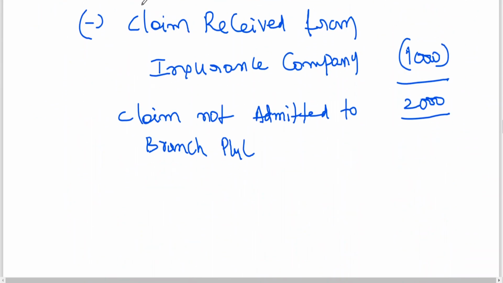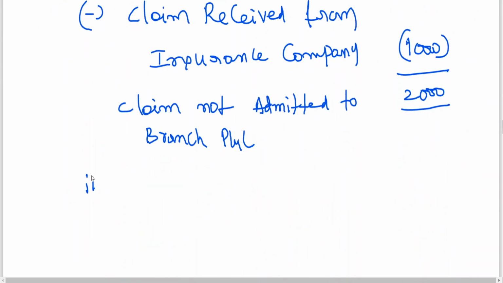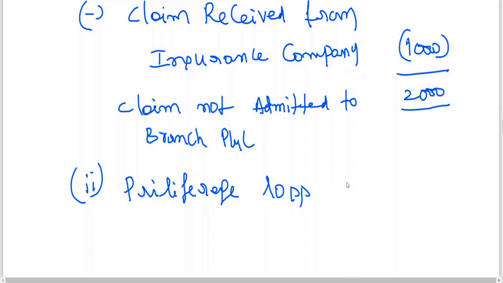Next, pilferage loss. For pilferage loss, there is no compensation, there is no insurance policy. Pilferage loss is transferred to branch P&L account.